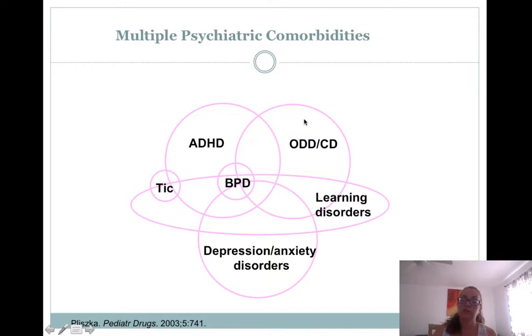So just because they have a behavioral disorder like these does not mean that they have ADHD, but they could have both. You could also have kids with bipolar disorder, which is rare, but happens. And bipolar disorder is going to involve behavioral disorders like oppositional defiant, learning disorders, depression, and anxiety. Kids with depression and anxiety could have ADHD or maybe not.